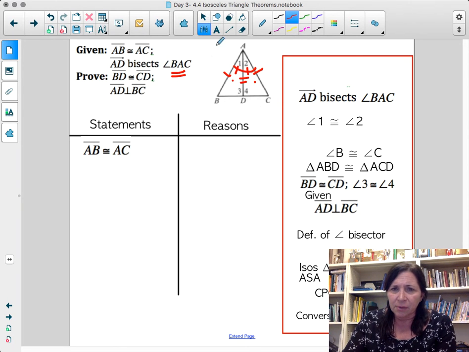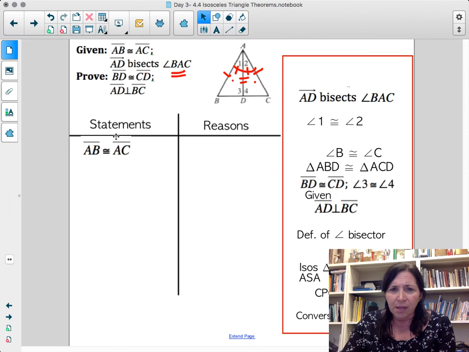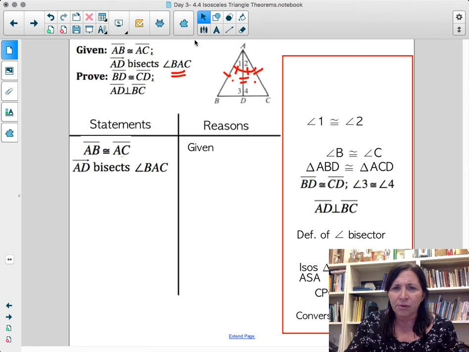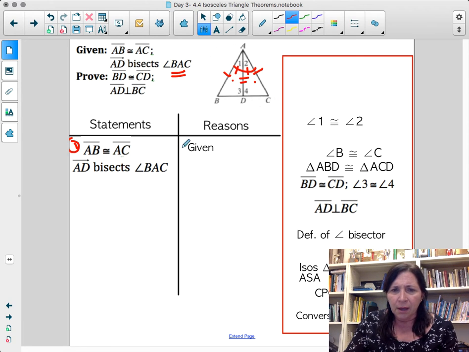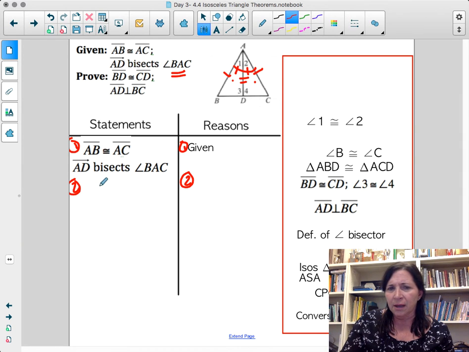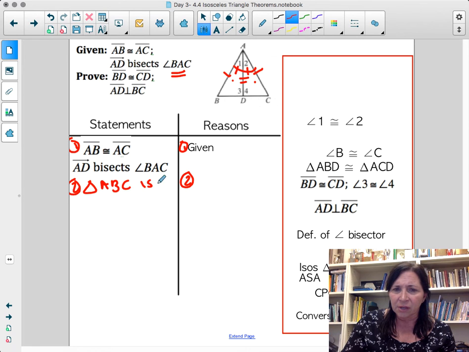So let's see what we've got to say here. We know AB is congruent to AC. We know that AD bisects BAC. Both of those are my givens. That's number one. And number 2, if AB is congruent to AC, then I can actually say that triangle ABC is isosceles.